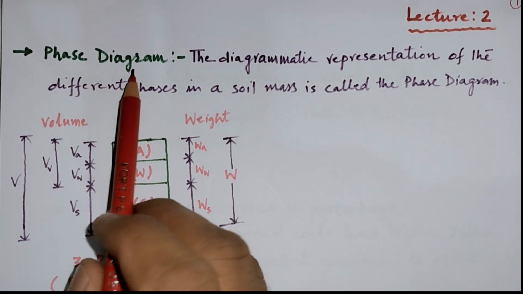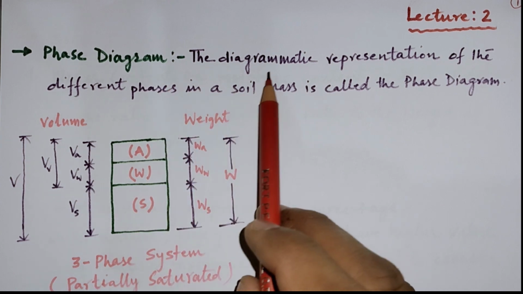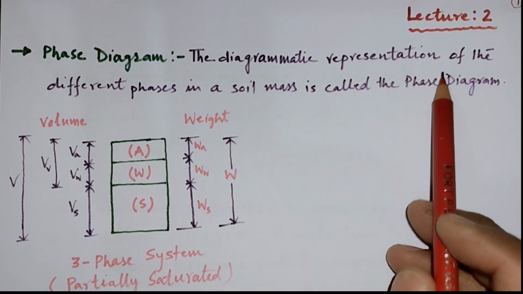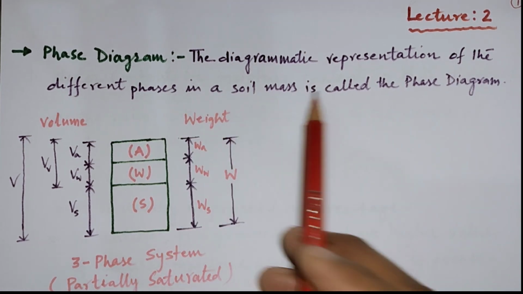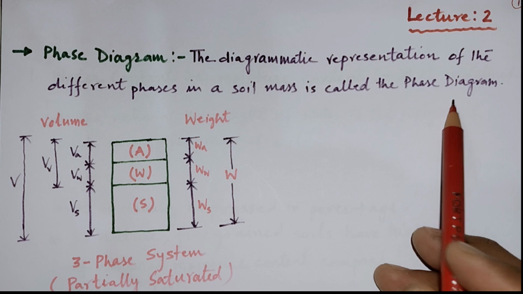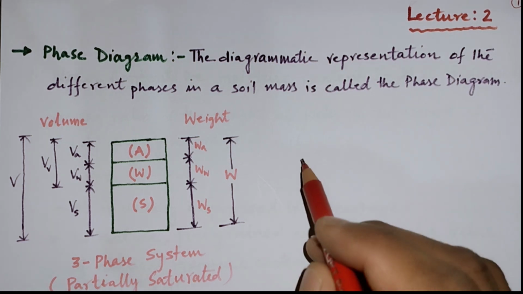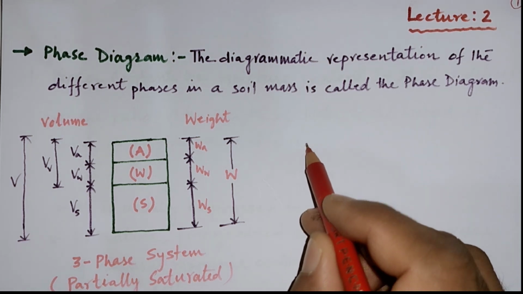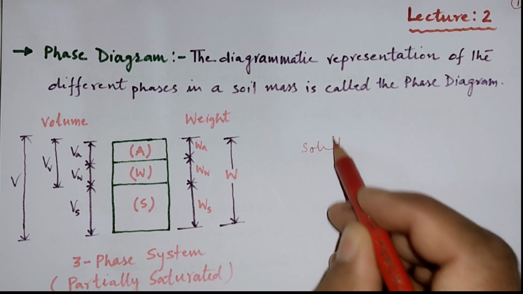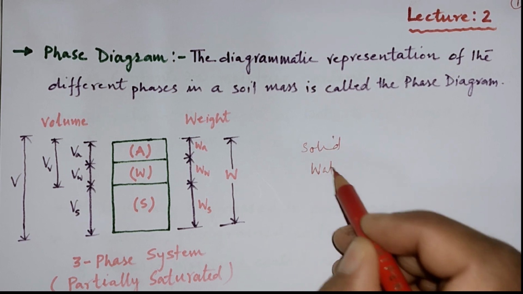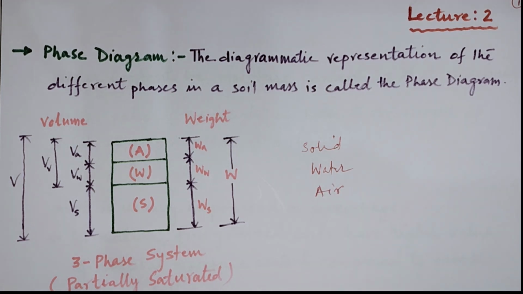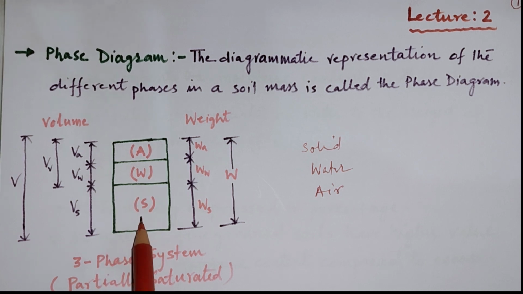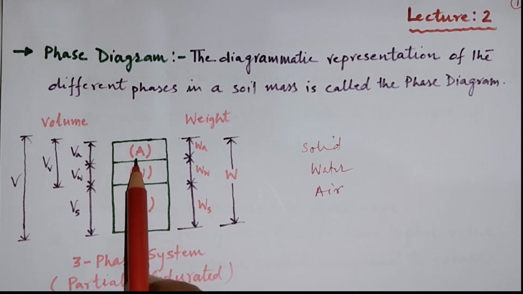The phase diagram is the diagrammatic representation of the different phases in a soil mass. We all know the soil is made up of solid, water and air. Here we can see S for solid, W for water and air.